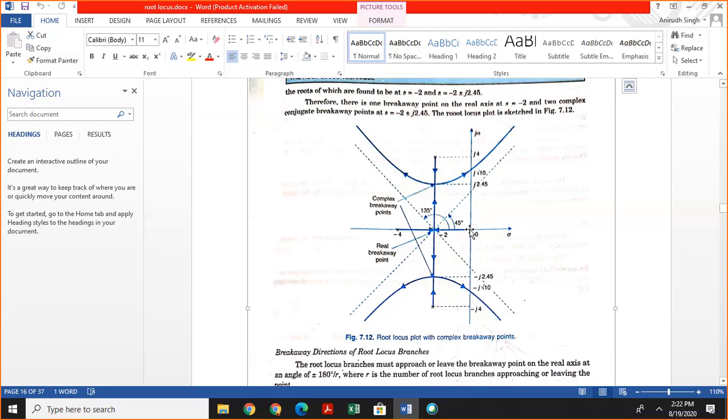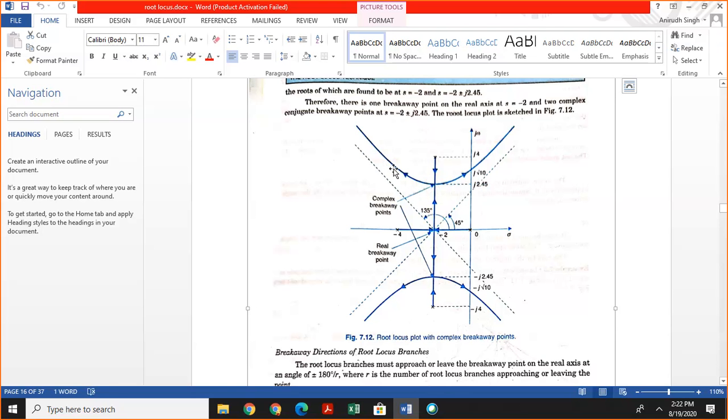So this root locus starts from 0 and -4, and these two branches approach each other, and at this breakaway point they become the complex poles. Similarly, this root locus starts from this point and this root locus, both approaching each other, and at this breakaway point they tend to infinity along the asymptotic lines, this and this.